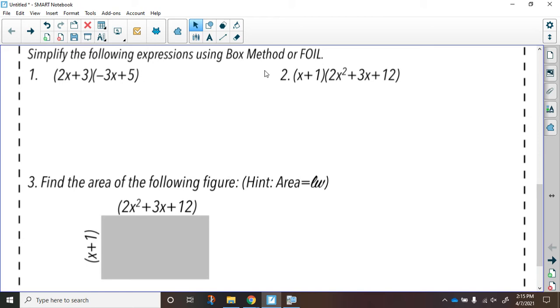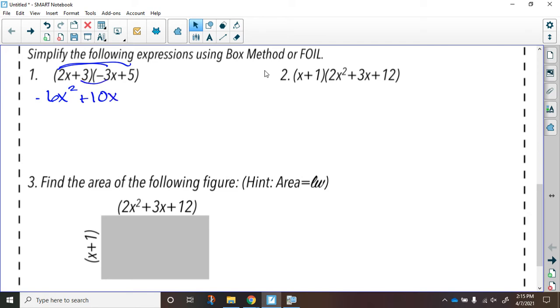So FOIL represents first, outside, inside, last. So I'm going to take my first terms and multiply them. So 2 times negative 3x gives us a negative 6x squared. Outside I have positive 10x.